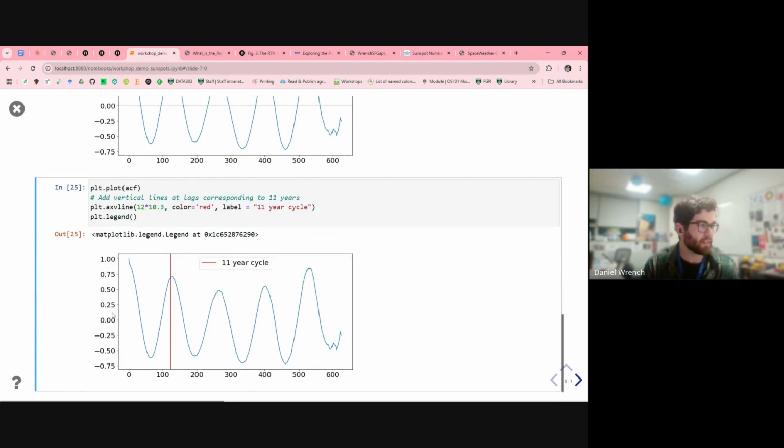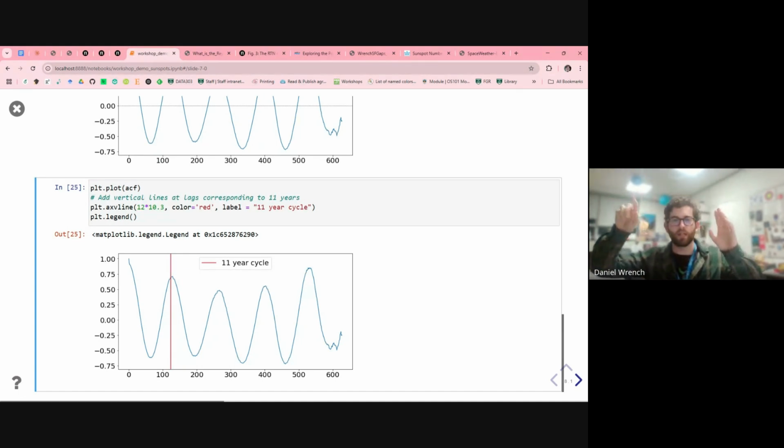the lag that corresponds to 11 years, so this x-axis is in months because it's monthly measurements, I didn't mention that. We can see that the first peak after the separation of 0 corresponds very well to a lag of 11 years, which makes sense: if you have a peak at one point and then another peak 11 years later, there's a clear relationship between those two.